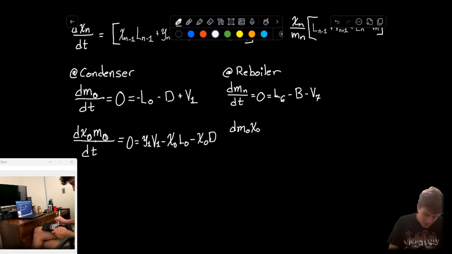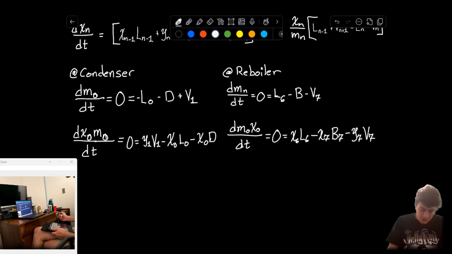Let's do the same for the reboiler real quick. So this will be what's coming in: x6 L6 minus x7 B7 minus y7 V7. And you can see the difference between the reboiler and the condenser pretty clearly now with the second equation written.